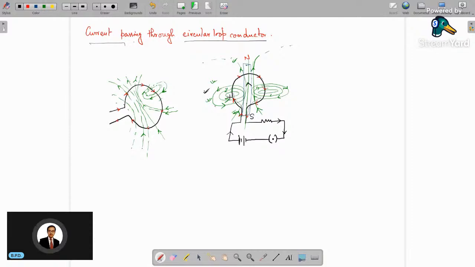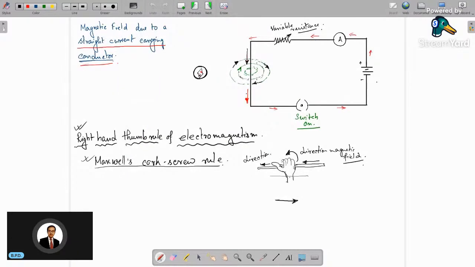The cumulative effect of the magnetic field will become more prominent where multiple coiled circular loop conductors are placed together, one with another. How can they be placed together? Let me show you in the next page.